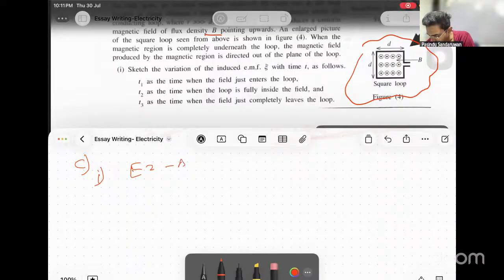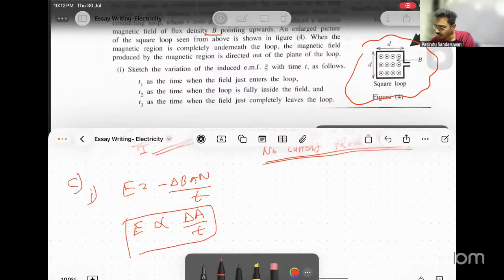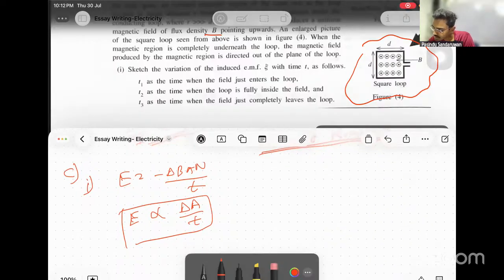E is minus delta phi over t, or this is also written as minus d phi by dt. Now when it enters, what changes is only delta A over t. Then this is proportional to delta A over t. Right? Then if we plot a time variation, induced EMF is given as psi now.